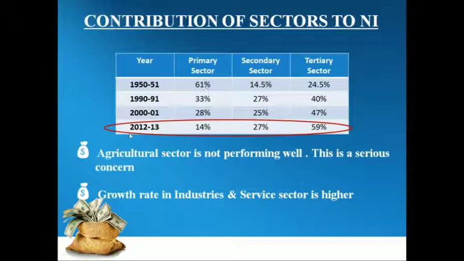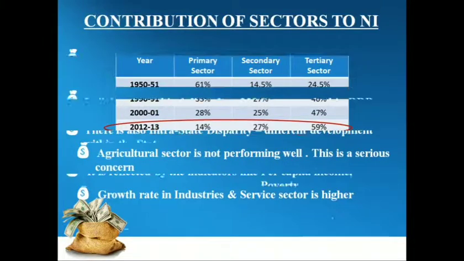But in the latest data, in the year 2012 to 13, the contribution of the primary sector is very less when compared to that of the secondary sector and tertiary sector. This is one more addition in order to study the trends in national income.